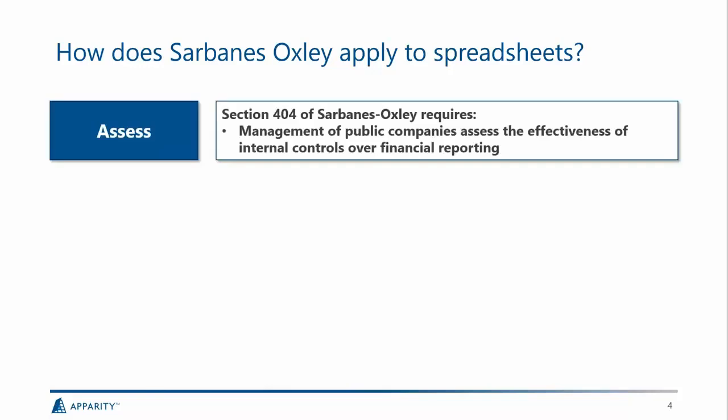So starting off with a little bit about Sarbanes and the policy itself. When we talk about Sarbanes, specifically as it relates to spreadsheets, what we're really talking about is Section 404. Within this section, what Sarbanes is requiring is for management of public companies to assess the effectiveness of their internal controls over their financial reporting.